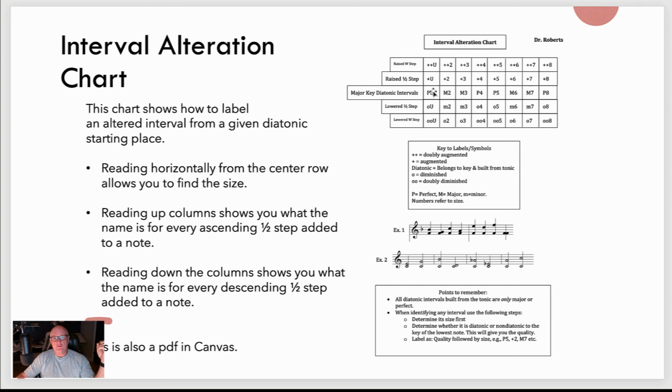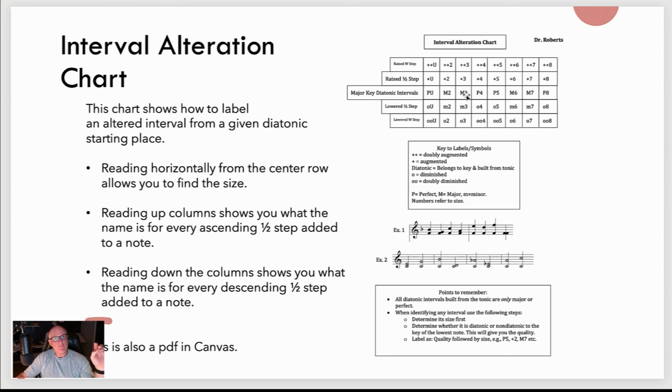Now on perfect intervals, and if you look at perfect fourth, perfect fifth, perfect octaves, and perfect unison, if you lower them a half step, they become diminished intervals. Now let's look at the major ones. So let's say a major third and I raise it a half step, it becomes augmented. So what's so fascinating is all of the diatonic intervals, if you raise them a half step, become augmented.